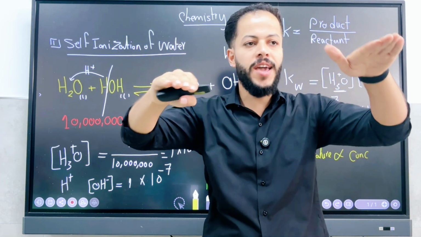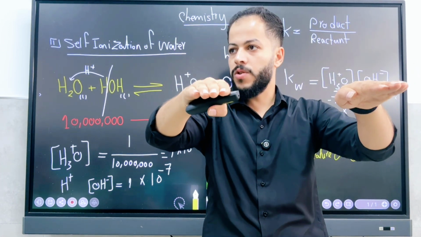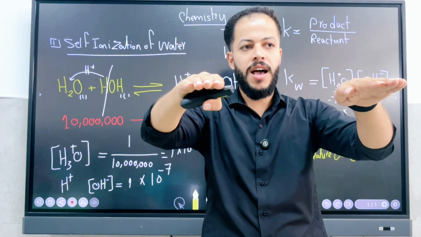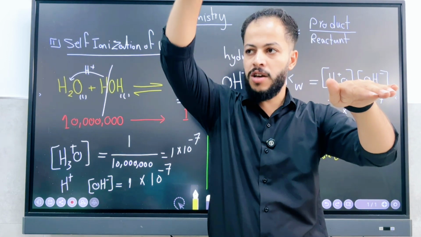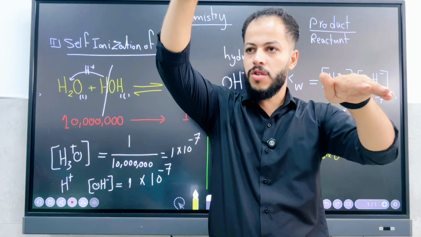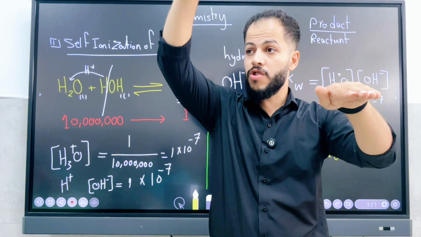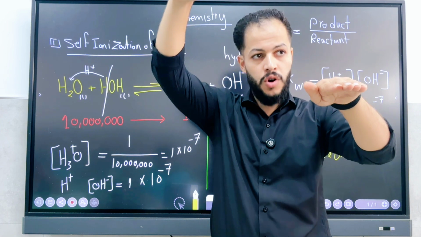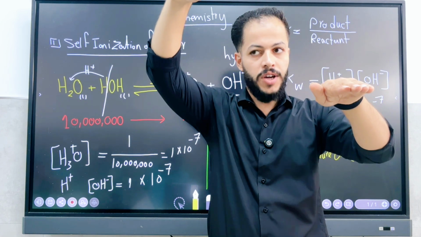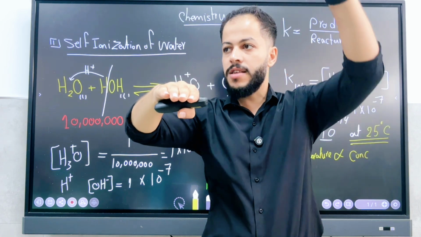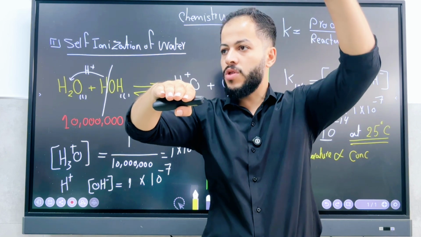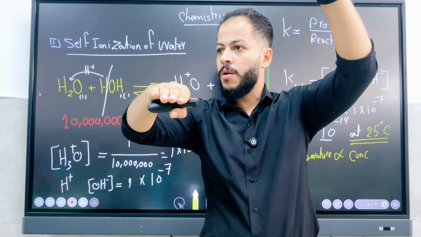But if I have a solution with a higher concentration of hydronium, the solution is considered acidic. But if the hydroxide ion is greater than the hydronium, the solution is considered basic.